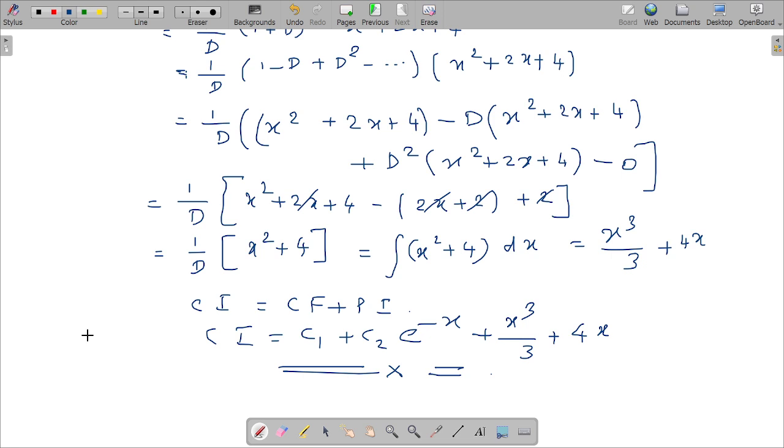So there are three types we are discussing. First one is exponential. In case it is exponential, you have to substitute D equal to a in the denominator. Type 2 is trigonometric. In the trigonometric, you have to substitute D square equal to minus a square in the denominator. You can write this as a note also. And then the third type is algebraic.